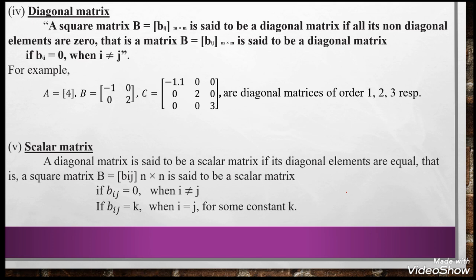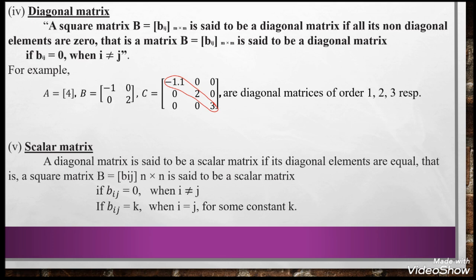Next, there is another type of matrix, the diagonal matrix. A square matrix B equals Bij of order m cross m is said to be a diagonal matrix if all its non-diagonal elements are 0. Here, these are the diagonal elements. Other than the diagonal elements, all elements are 0, then it is called a diagonal matrix.